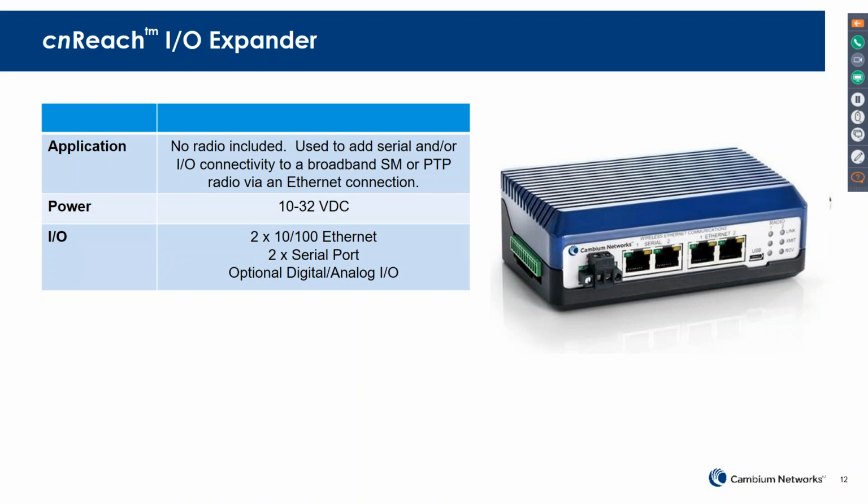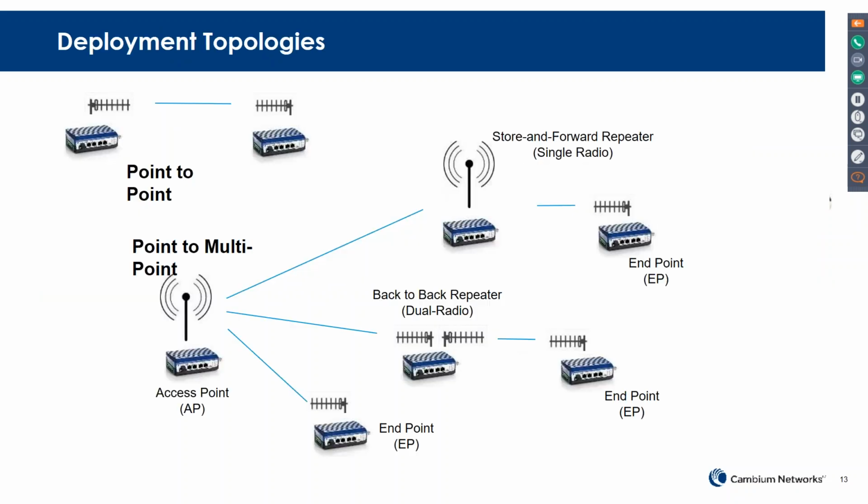We have 8 channels on the I/O port, and this device will act as a Modbus TCP slave to allow control by a Modbus TCP master. The power is 10 to 32 volts DC.